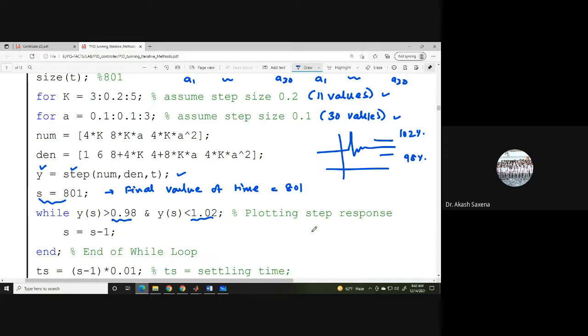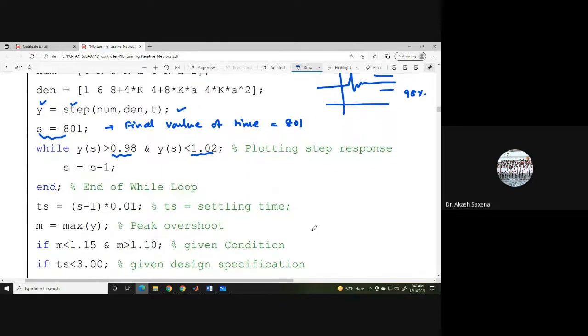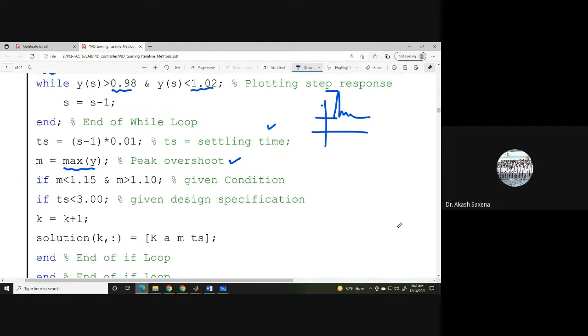So this TS is equal to S minus 1 into 0.1. It is nothing but the settling time. And also, the value of the peak overshoot can be written as the maximum y. So settling time is here, peak overshoot is here. Now I apply the condition that this peak overshoot should be less than 15% but greater than 10%.